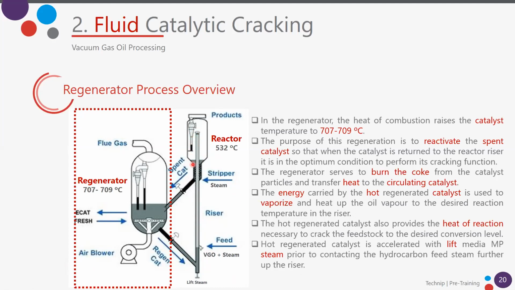Then the spent catalyst will flow through this pipe to the regenerator. Here we will introduce air and we will have the combustion reactions. Remember that the combustion reactions will release heat, so we will have this temperature. So we will have here catalyst with a very low amount of coke and very hot catalyst.